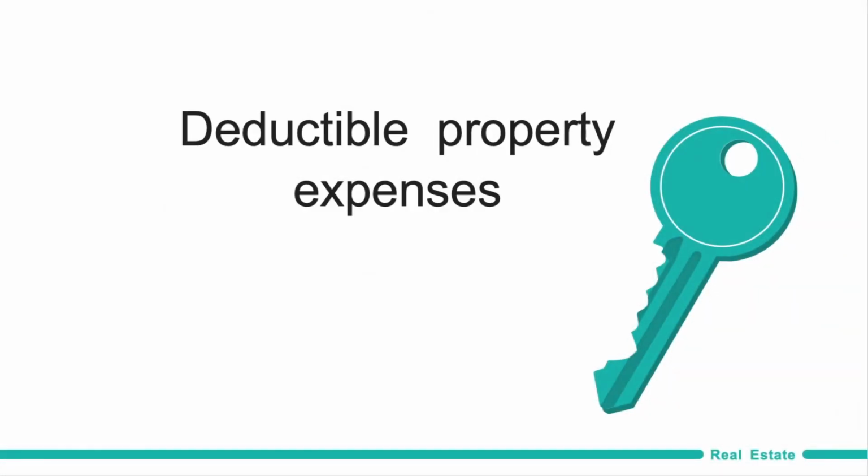There are things you can deduct from your rent and there are things you cannot deduct for tax purposes. According to HMRC, you can deduct expenses from your rental income when you work out your taxable rent profit as long as they are wholly and exclusively for the purpose of renting out the property.